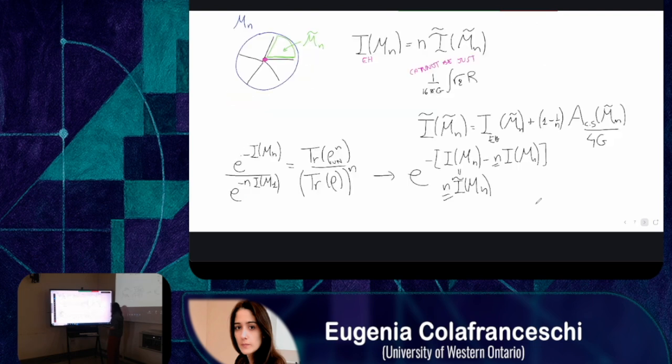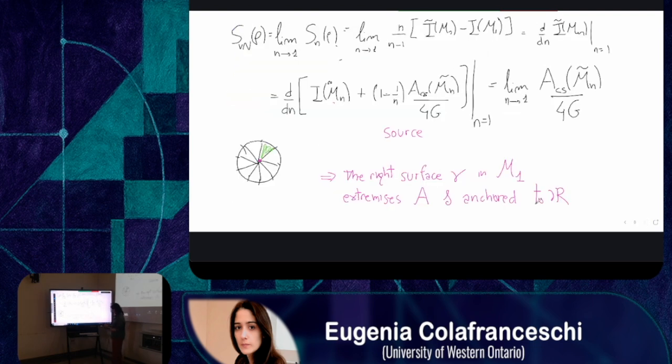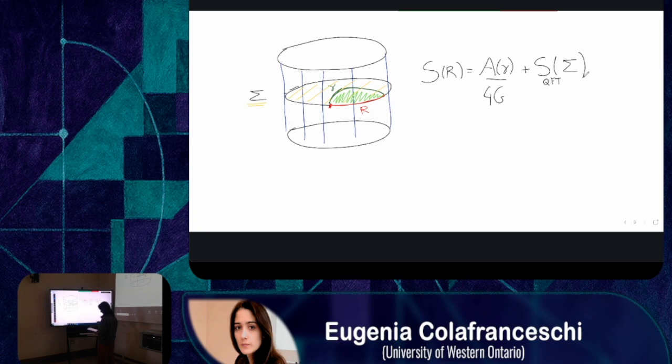So what we finally got is what is called the Ryu-Takayanagi formula, which is telling that the von Neumann entropy for the region R is the area of some surface over 4G, and the surface gamma is the surface that extremizes the area and is anchored to the boundary of R. What we derived with this Lewkowycz-Maldacena construction is the so-called Ryu-Takayanagi formula.